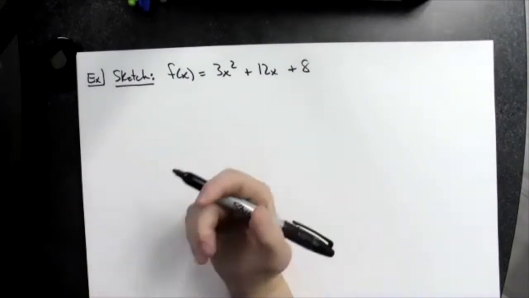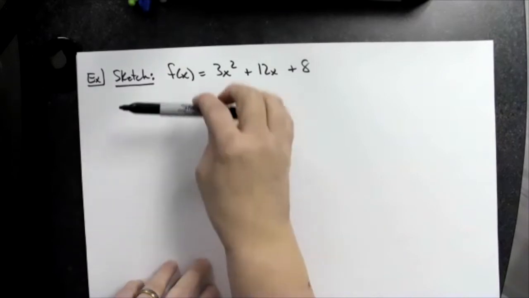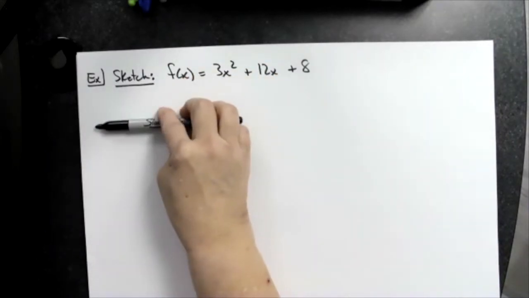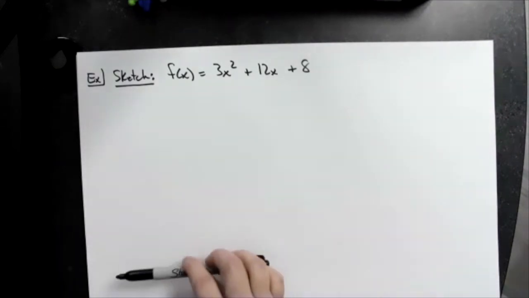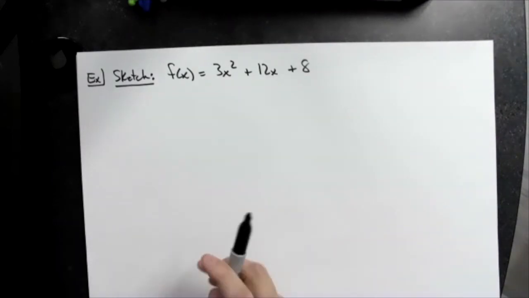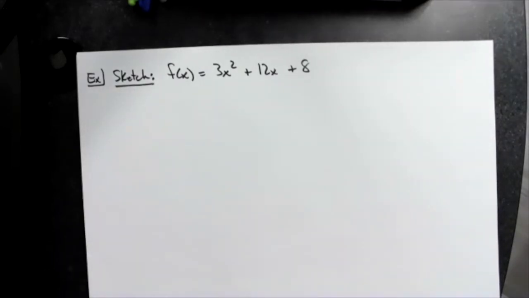In this example, I'm going to go through everything we just talked about. On the final exam, it's going to be like part A, find the axis of symmetry, part B, find the vertex, part C, find the... So it's still going to step you through, so you don't necessarily need to memorize all of this.